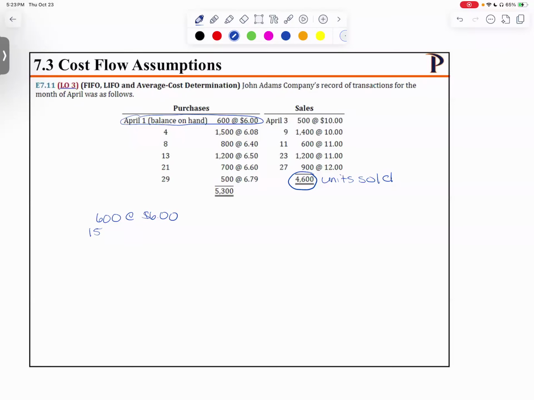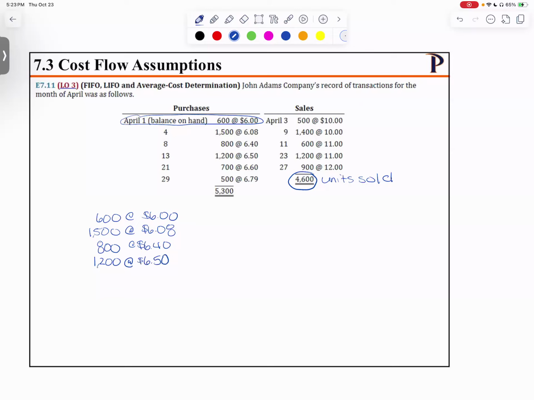So we'll add in the 1,500 that we purchased on the 4th at $6.08. We'll add in the 800 that we purchased on the 8th at $6.40. We will add the purchase on the 13th of 1,200 units at $6.50.